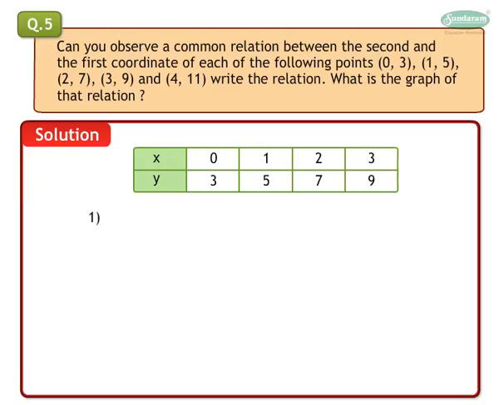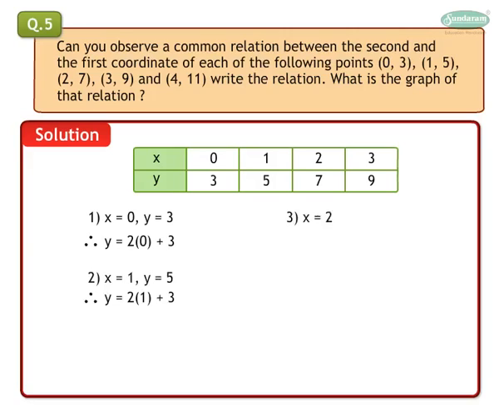1. For x is equal to 0 and y is equal to 3, y is 2 times 0 plus 3. 2. For x is equal to 1, y is equal to 2 times 1 plus 3, which is 5. 3. For x is equal to 2, y is 2 times 2 plus 3.